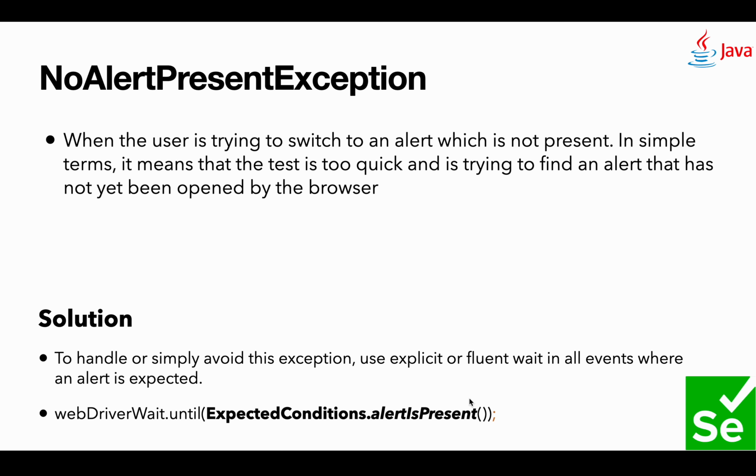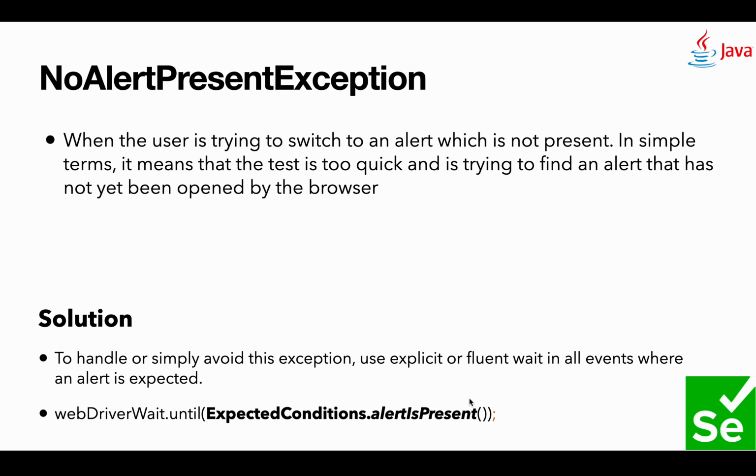Now let's see the next one, that is no alert present exception. When will this exception occur? When the user is trying to switch to an alert which is not present. In simple terms, the test is too quick and is trying to find an alert that has not been opened by the browser because of a slowness issue.